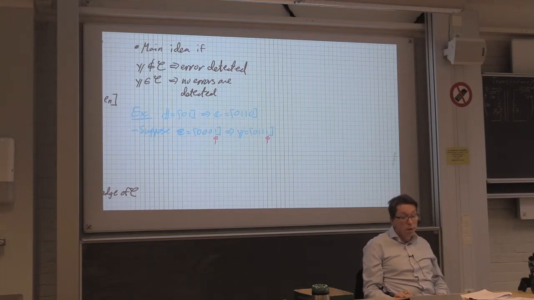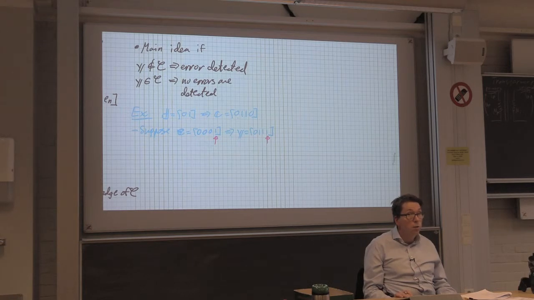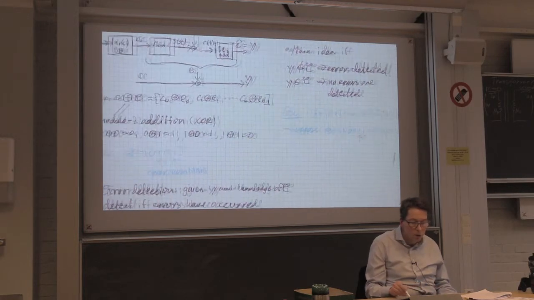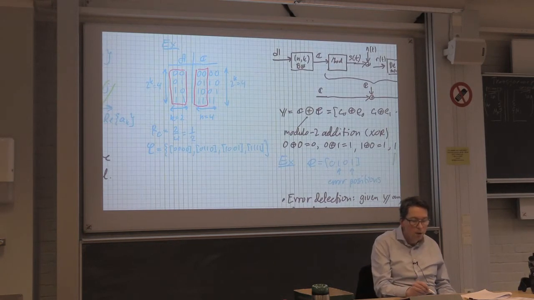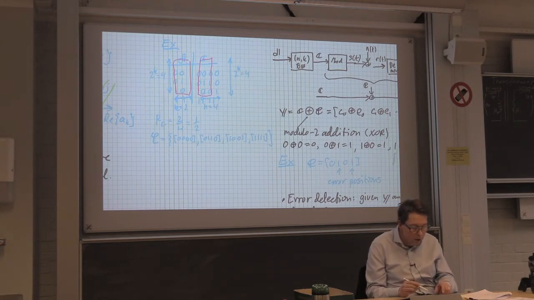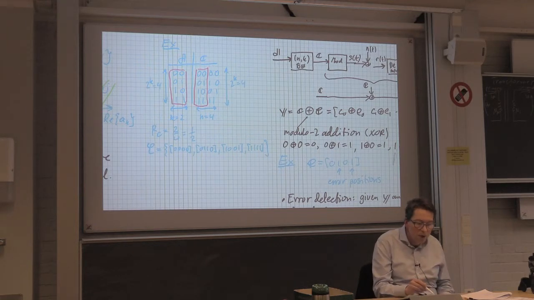So given this observation y and knowledge about the code, what should the receiver say? Should it declare that an error has occurred or not? Well, what we need to do is to look at this pattern 0, 1, 1, 1, and then go back to look at the code and see, do we see 0, 1, 1, 1 among the code words here?